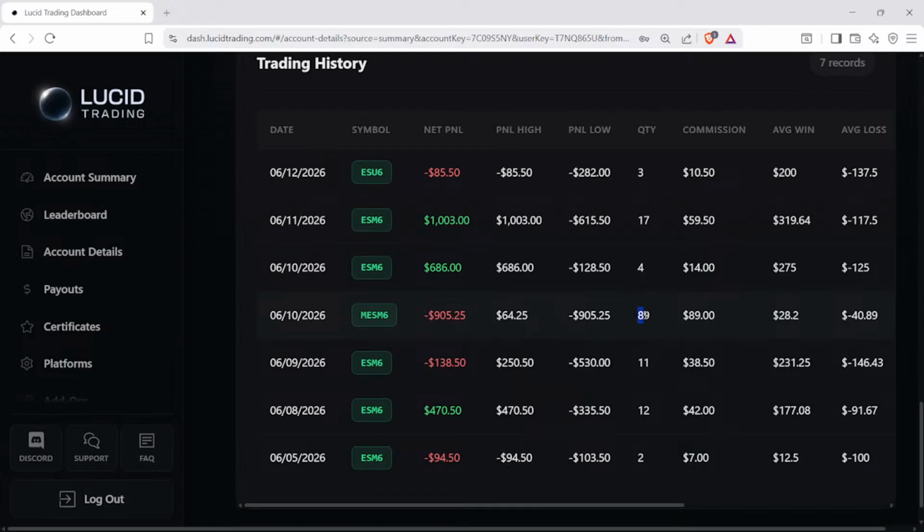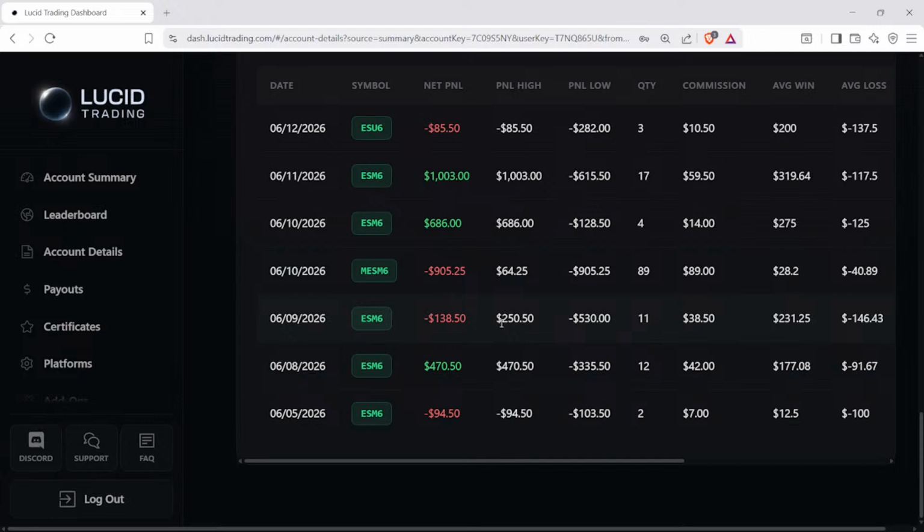See, I missed one 90, and I traded one less here on the 10th. So the 10th I did here, and then I lost more on this account, and traded one contract less.